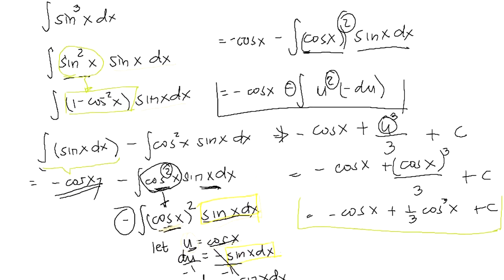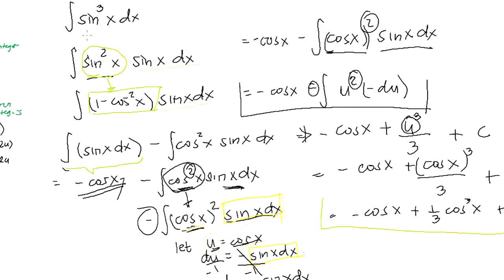Okay, so once again, if we have a problem like this, then we can retain one power of sine. We can retain one power of sine to serve as the derivative of the cosine, and convert the rest in terms of the identity, which is sine squared x is just equal to 1 minus cosine squared x. Then the remaining sine x dx here is this.